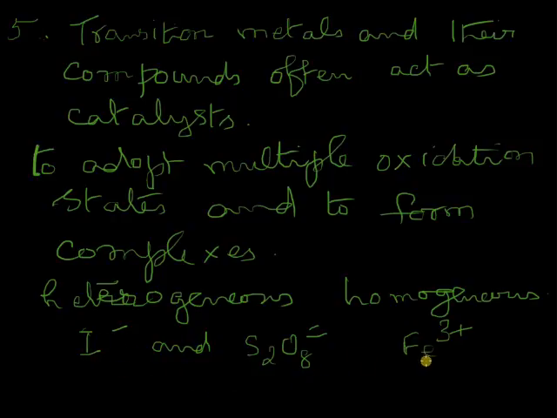So it is going from Fe3+ to Fe2+, and Fe2+ is in turn oxidized by the persulfate ion. So Fe3+ is regenerated, and this way it provides an alternative route to the reaction having lower activation energy.